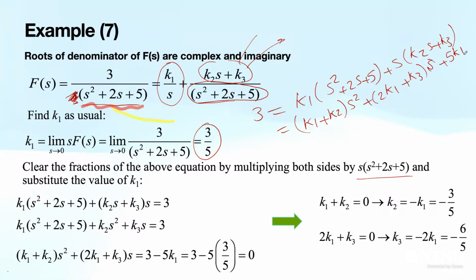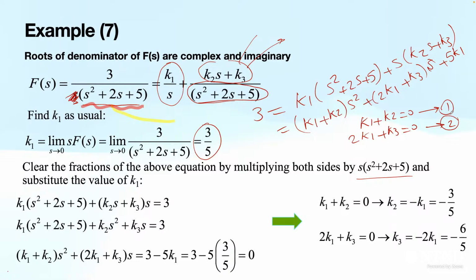So this equals 3, in fact. When you compare the coefficients of both sides, the coefficient of S squared equals 0 because we don't have S squared on the other side. So our first equation will be K1 plus K2 equals 0. This one will be my equation 1. For the coefficient of S, it will be 2K1 plus K3, which also equals 0 because on the other side we don't have any coefficient of S.